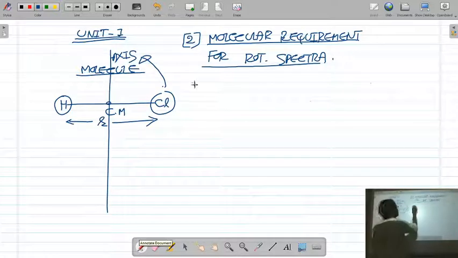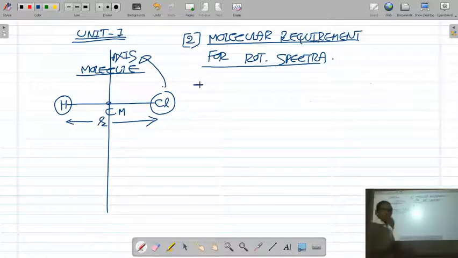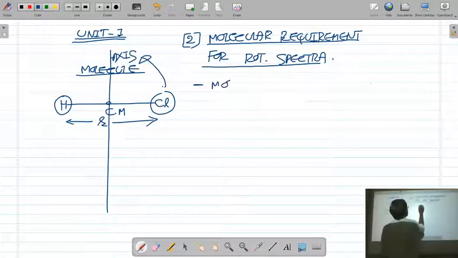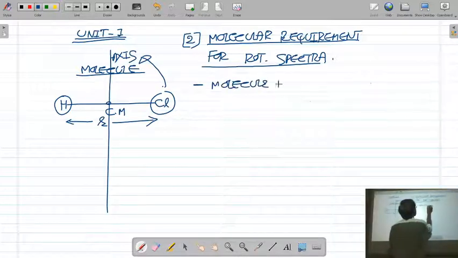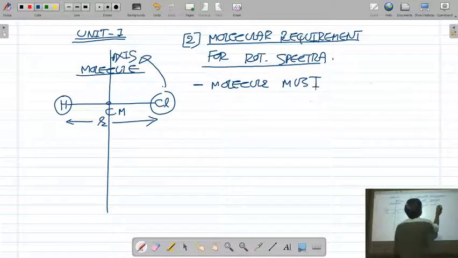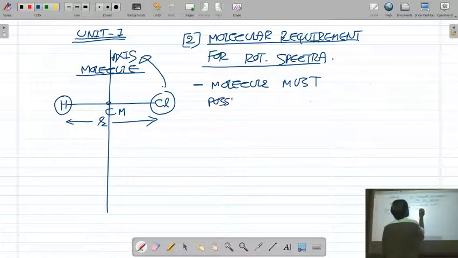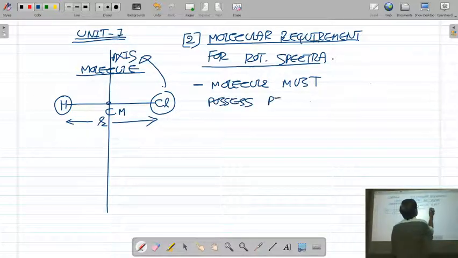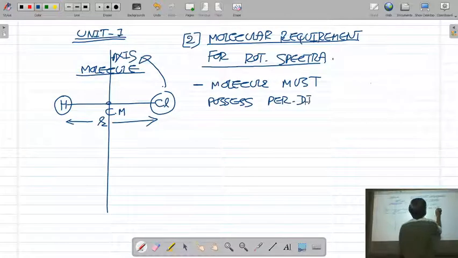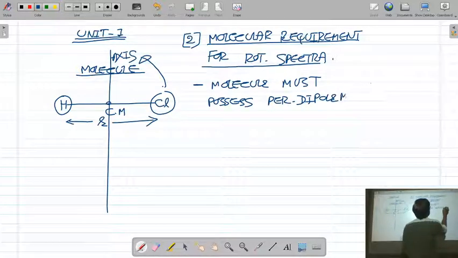So the basic molecular requirement for rotational spectra is that the molecule must possess a permanent dipole moment.